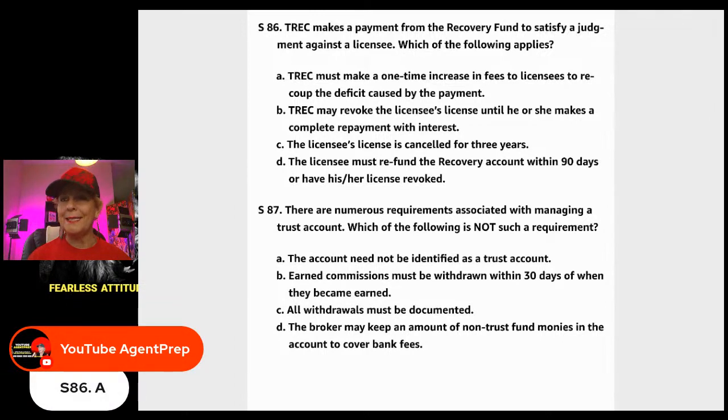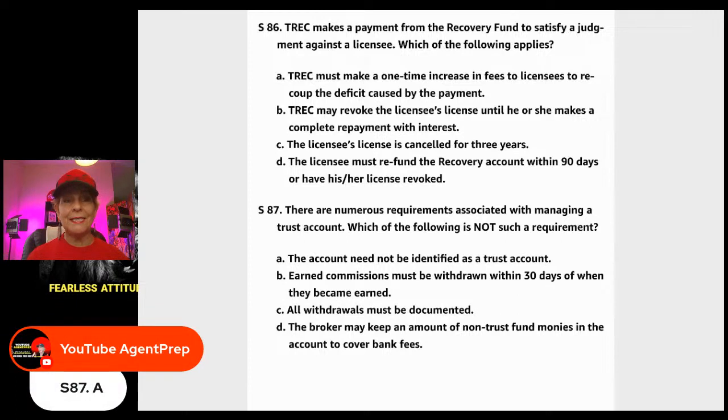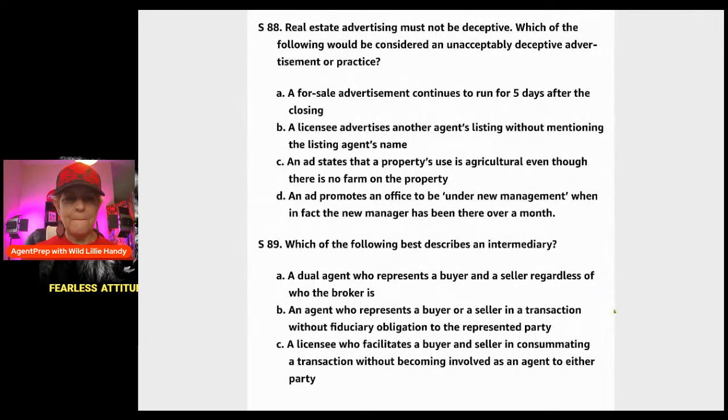That should be 87A. 86 was B. So wake up, Lillie, wake up. So 87 is A. 86 was B. Excuse the boo-boo. All right, number 88.